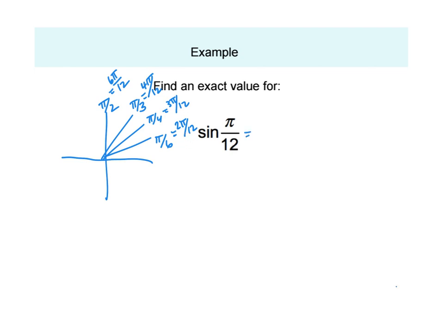So I'm going to rewrite this as sine of pi over 4 minus pi over 6. Now I'm going to use my identity. Remember, we need to use the difference identity for sine. Sinbad is with Cosette. Their signs are the same.